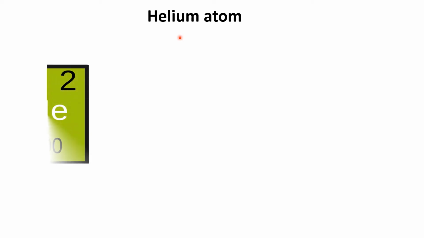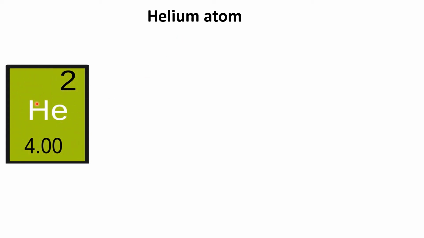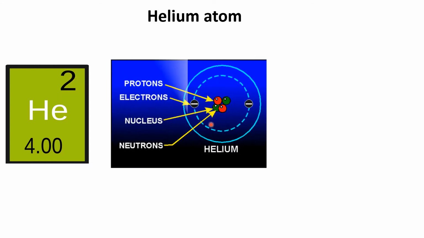Helium atom. It is the first element of group 8. Here helium has atomic number equal to 2 and mass number equal to 4. We make distribution of electrons according to the atomic number, so we make distribution of 2 electrons.